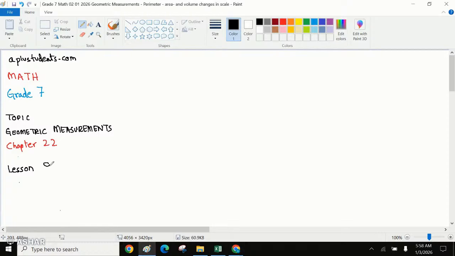And the name of the lesson is perimeter, area, and volume. Okay. And we would be looking at the changes in scale.